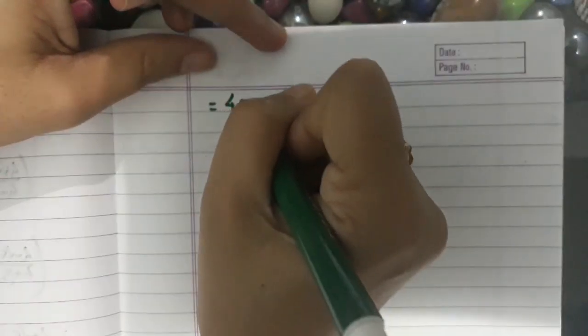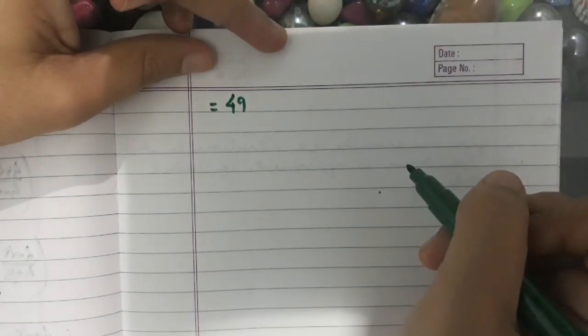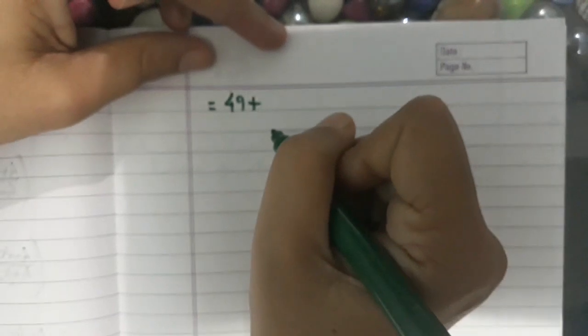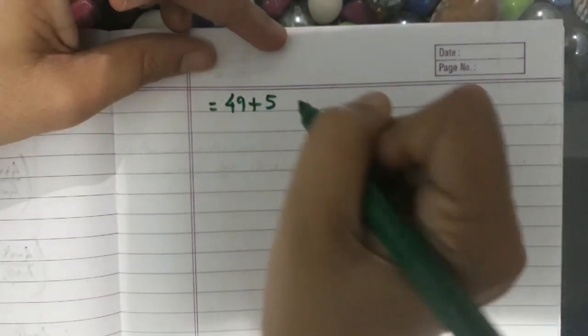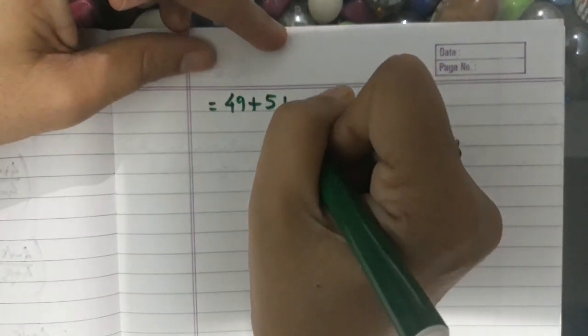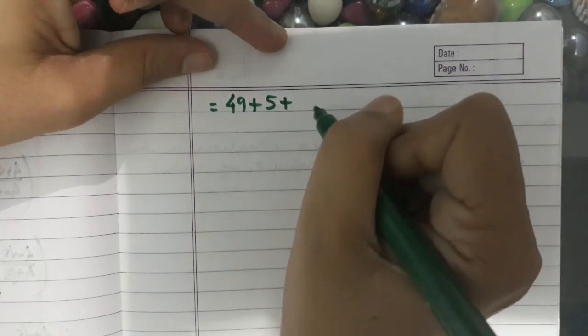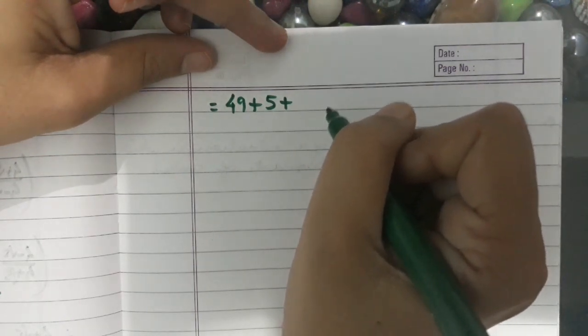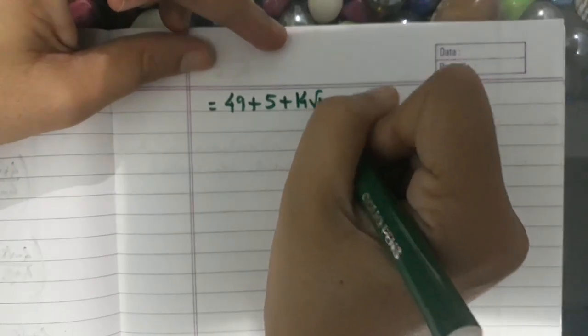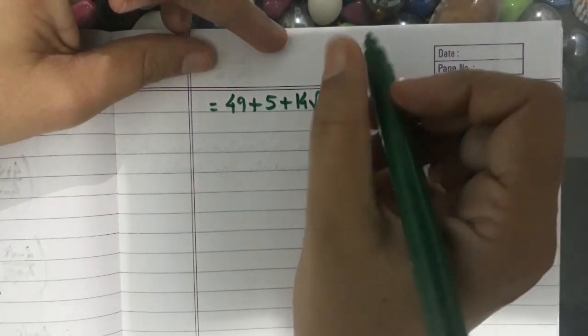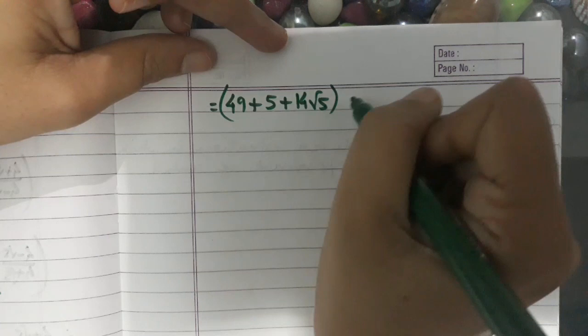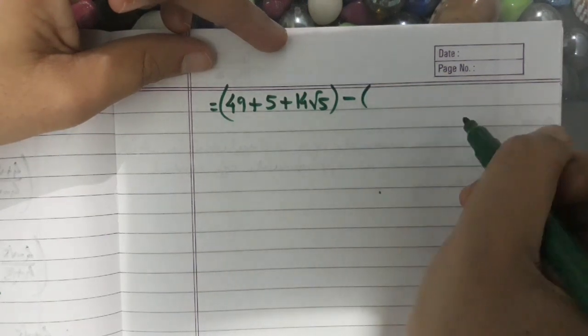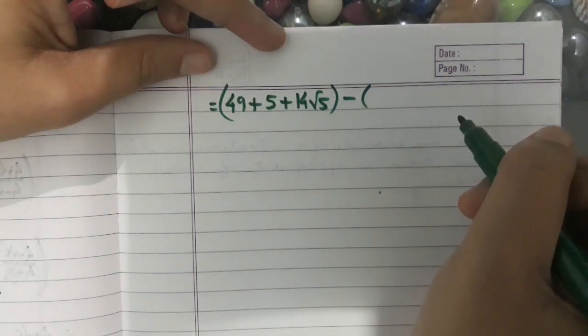So it would be a square, 7 square, that is 49, plus b square, root 5 whole square is 5, plus 2 into a into b, so 2 into 7, that is 14 into root 5. So plus 14 root 5. This is what we obtain. And then minus is there, so please put a bracket so that you do not make a mistake in the sign.